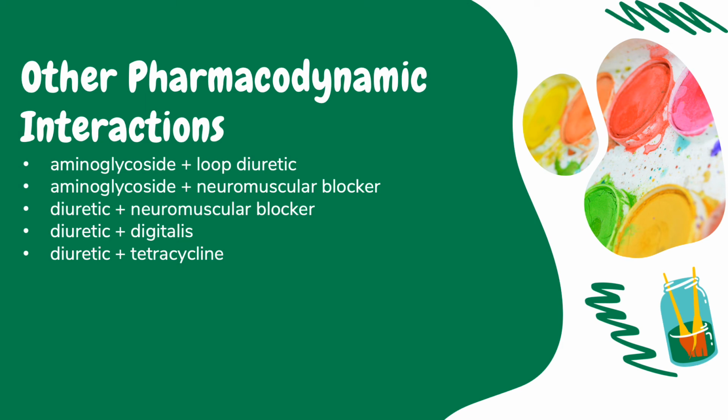Diuretic and digitalis, when given together, can increase hypokalemic events, causing digitalis toxicity and paralysis. Diuretic with tetracycline has the possibility of increasing blood urea nitrogen and affects the kidneys.